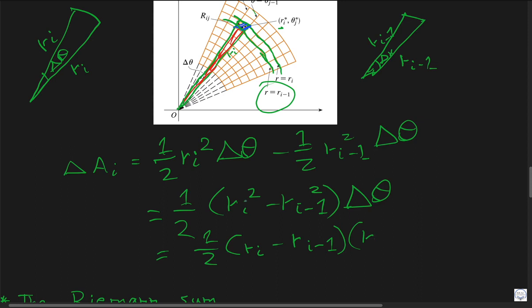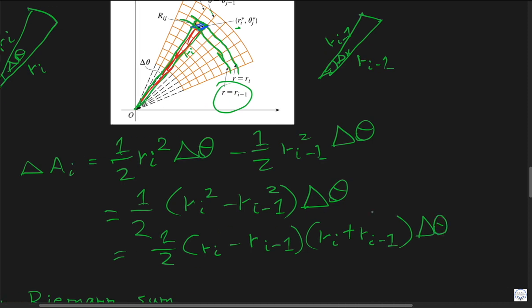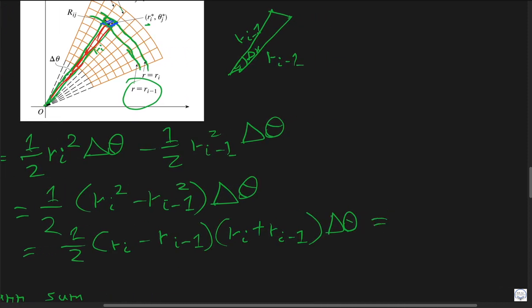It's basically the formula a squared minus b squared equals (a plus b) times (a minus b).